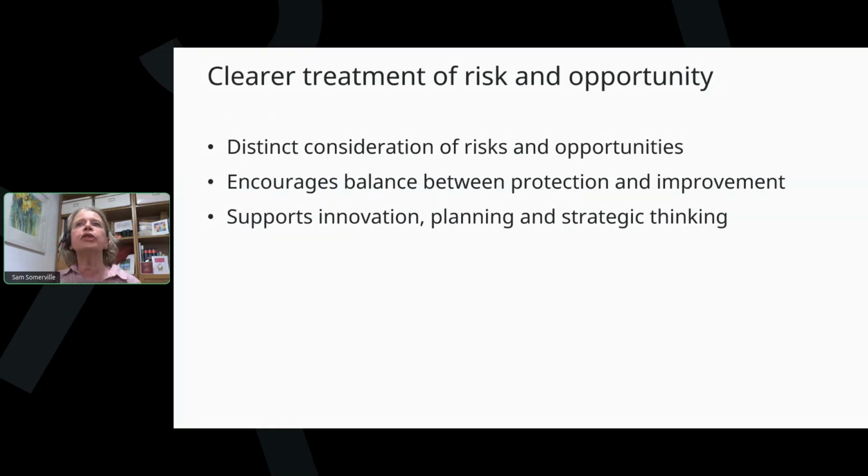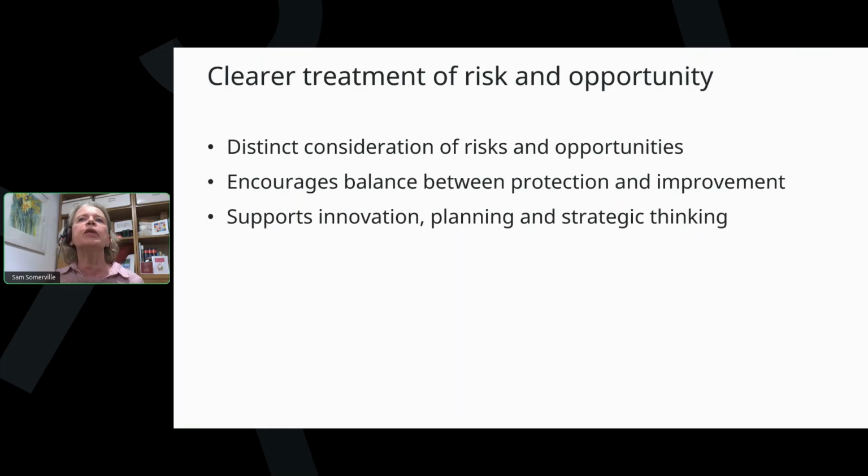So the revision also provides clearer treatment of risk and opportunity. Risks and opportunities are now more explicitly distinguished rather than being treated as two sides of the same coin. And this supports a much better balance between protecting intended results and actively pursuing improvement.